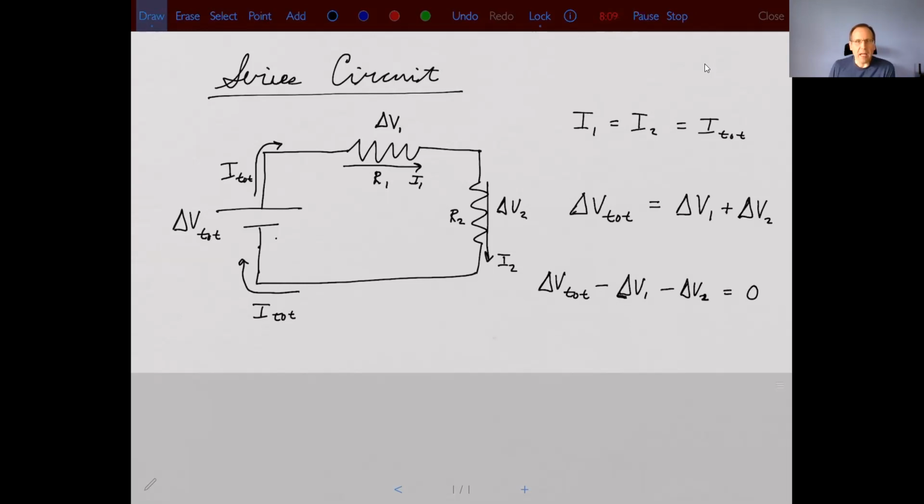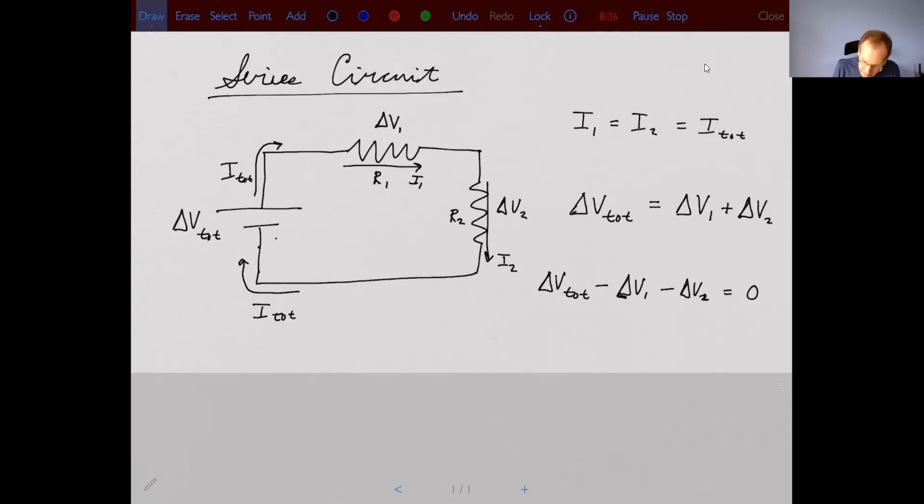Okay, now let's say we want to simplify this to a simple circuit so that we could calculate I total. We could use Ohm's law and calculate I total, right? Because it's very, very easy to do when we have a simple circuit. So the question is, how do I combine these two resistors that are in series to form one resistor, and I can stick that into my simple circuit?